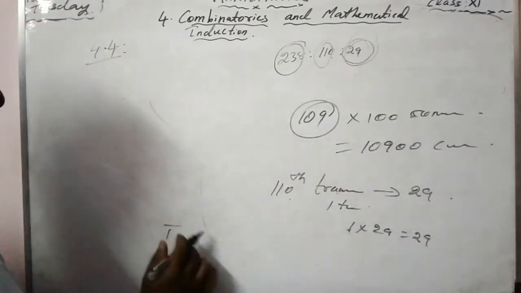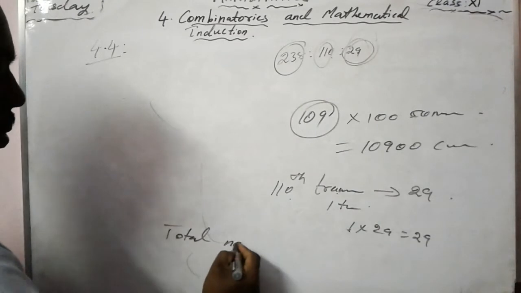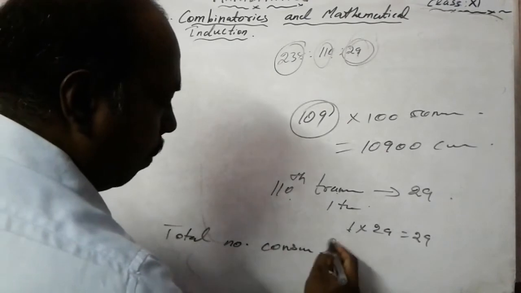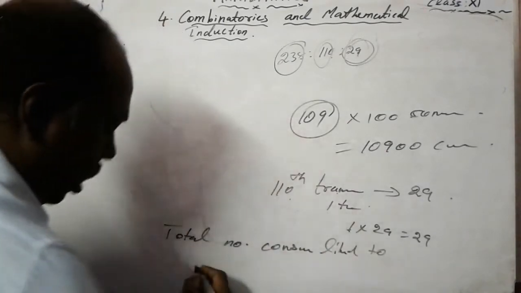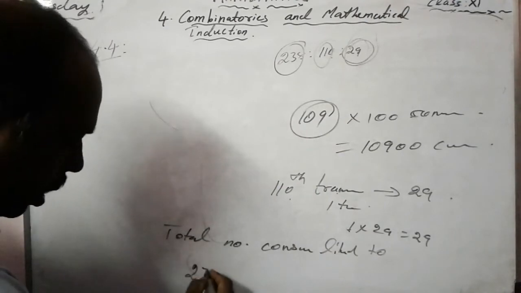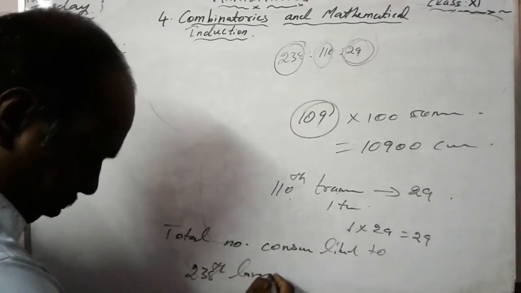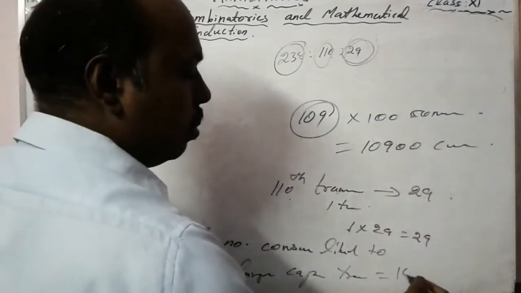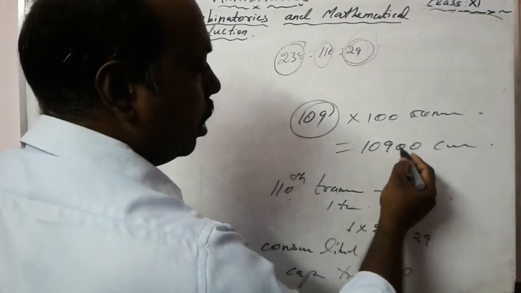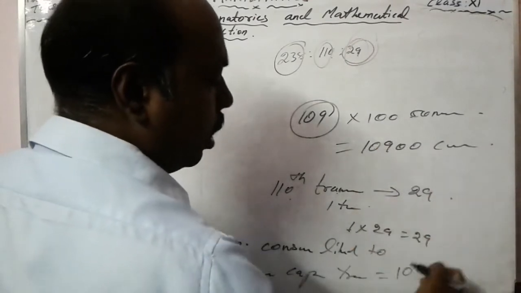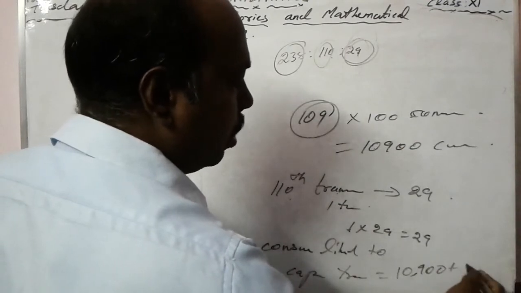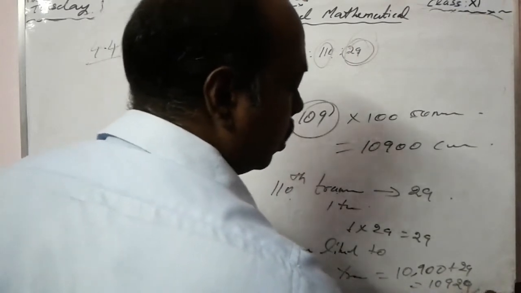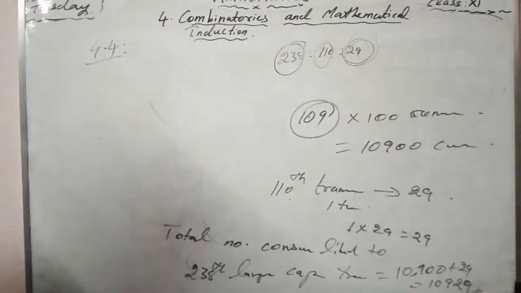It is equal to 10,900 plus 29, that is equal to 10,929 consumers. That is the answer.